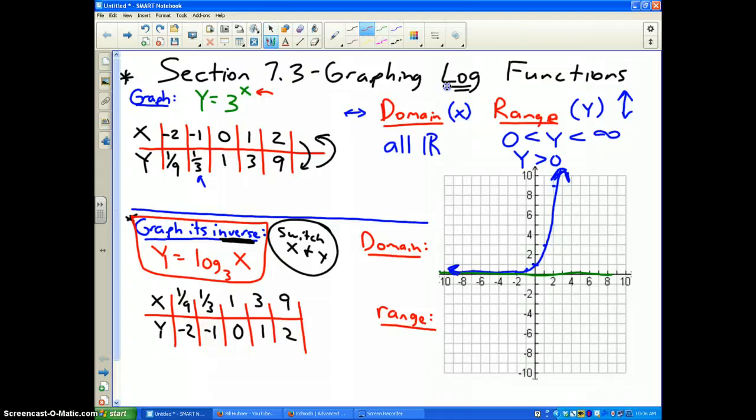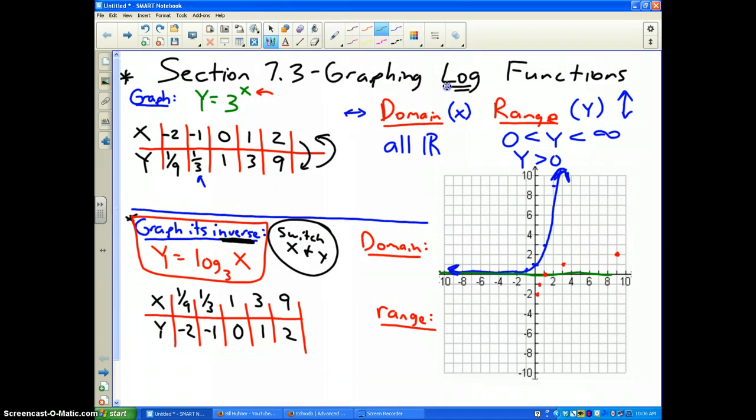Now graph it. 1/9, -2 would be something like there. 1/3, -1 is going to be there. 1, 0 is right there. 3, 1 is right there. And 9, 2 is right there.